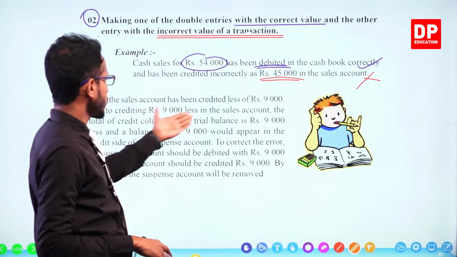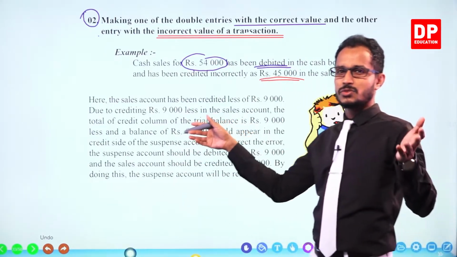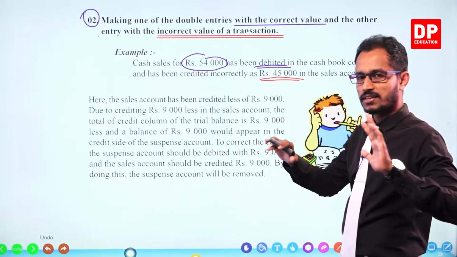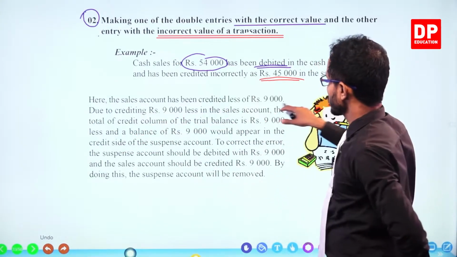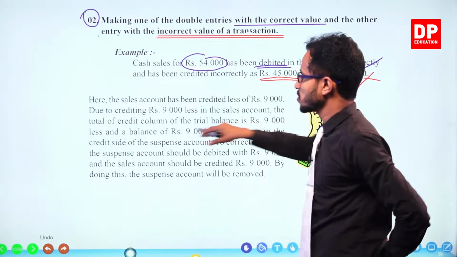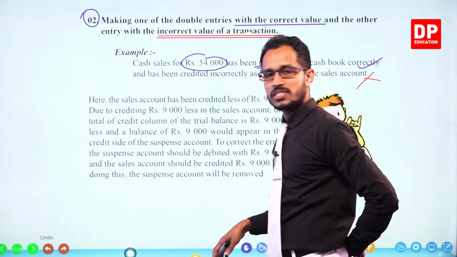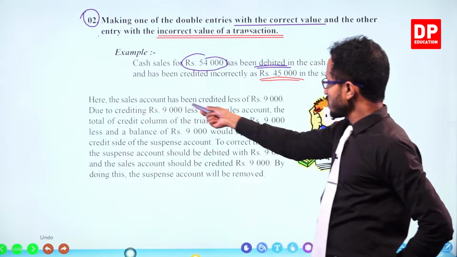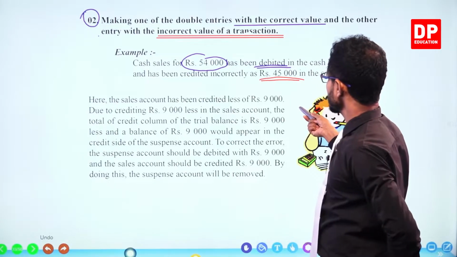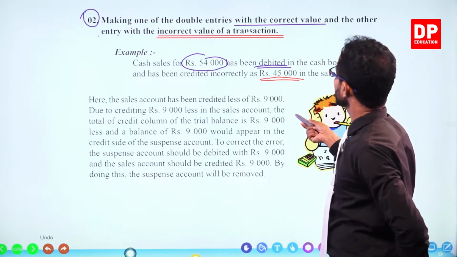Let's read out the text, children. It explains the error. There's no need of going into so much of this type of content, but just because it is given, we can go through it. Here the sales account has been credited less by rupees 9,000.